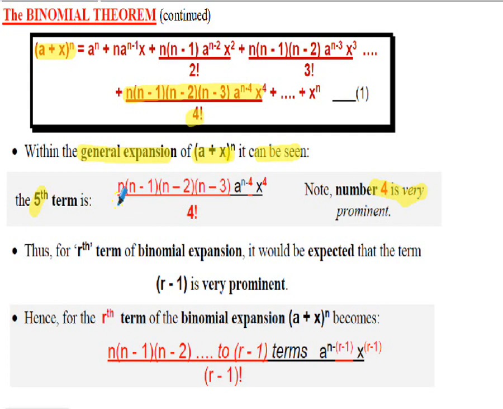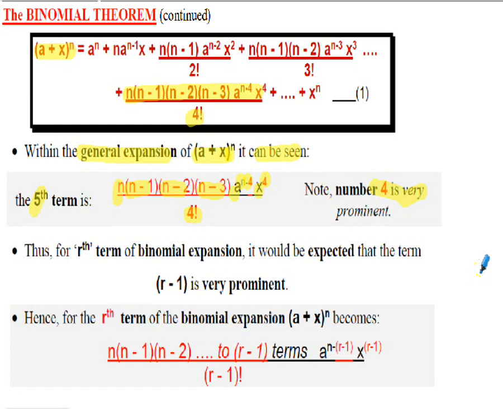In other words, there are 4 n values here, n, n minus 1, n minus 2, n minus 3, that gives you 4 numbers there. We've got a to the power of n take away 4 multiplied by x to the power of 4 over factorial 4. So in the fifth term, 4 is a common number. If you looked at the sixth term, 5 would be a common number.